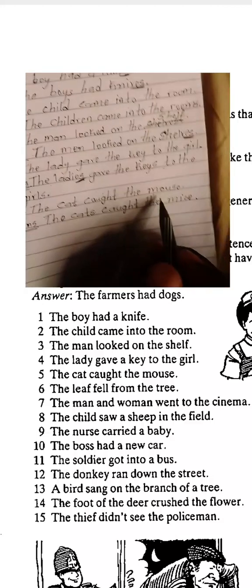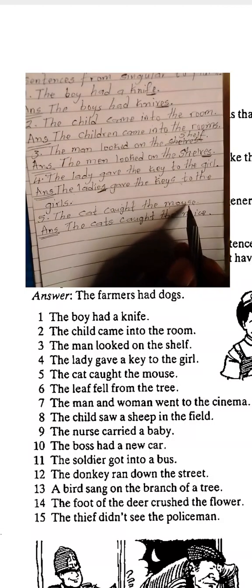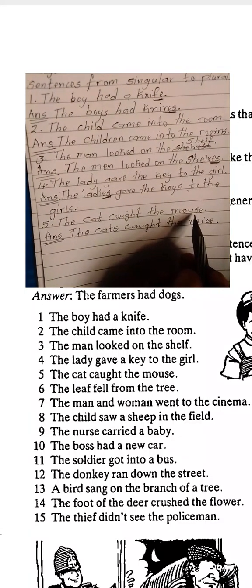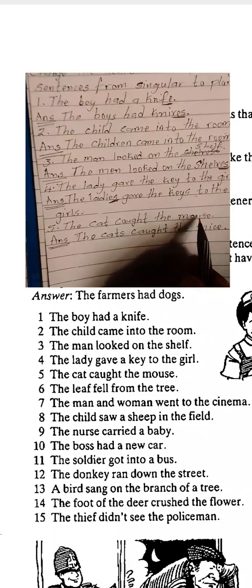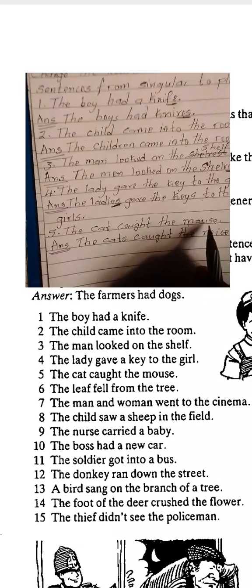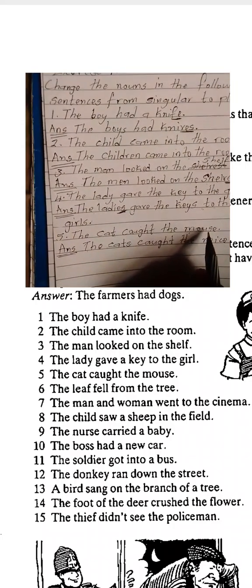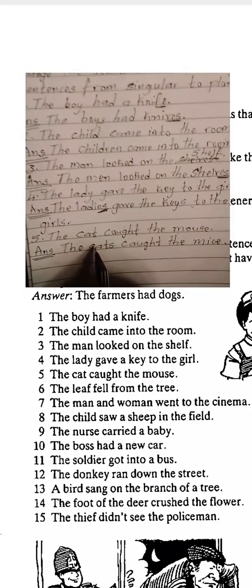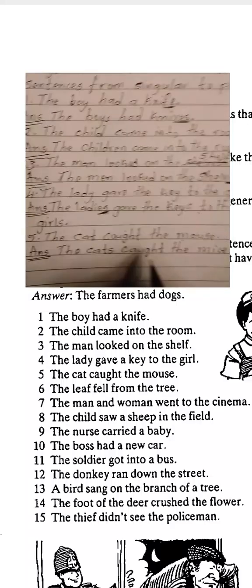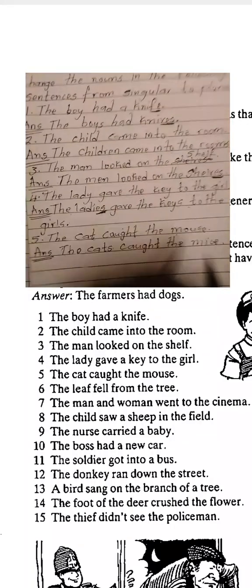But how about mouse? If we want to change it to a plural noun, we must change something here. Because this word is an irregular noun. So the structure has to change. So we say the cats caught the mice.